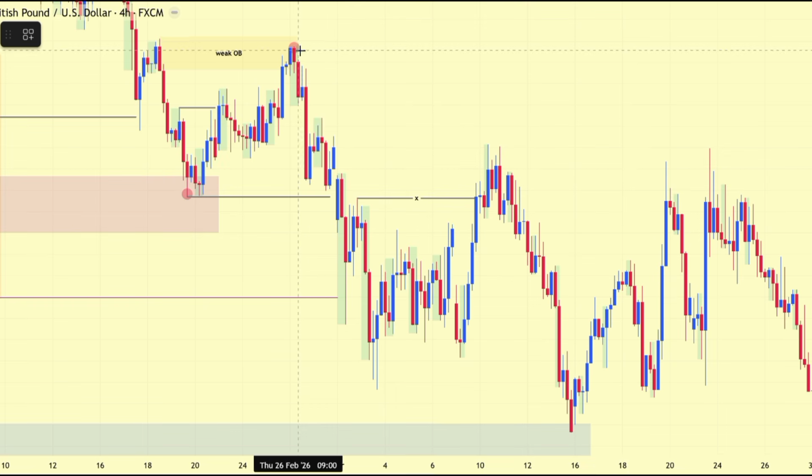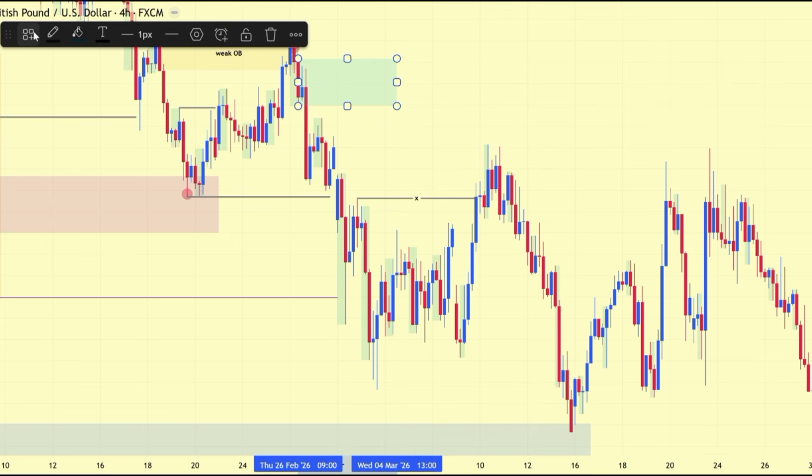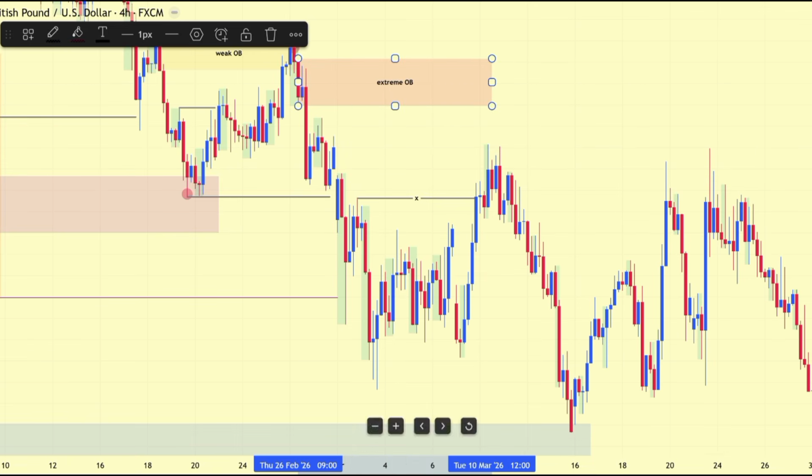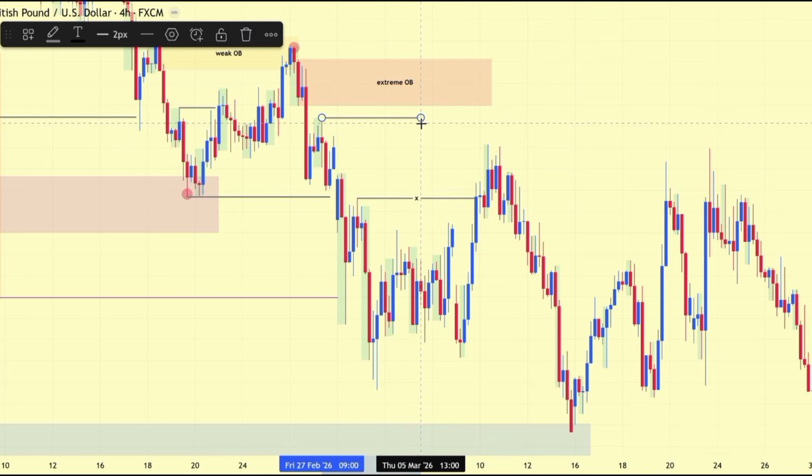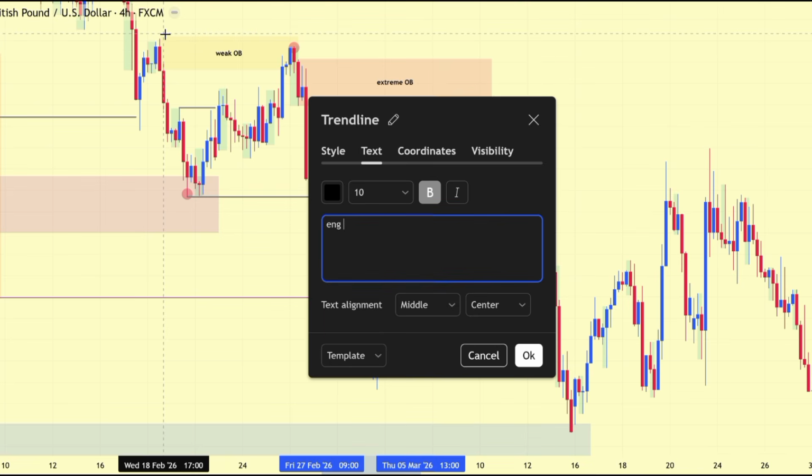And you can clearly see, if I am to start from the extreme, this one here is our extreme order block. So the extreme bearish order block, exactly right there. This here is the buy side liquidity right before it. So of no doubt, that is the engineering liquidity, ENGLQD, that's the short form of it.